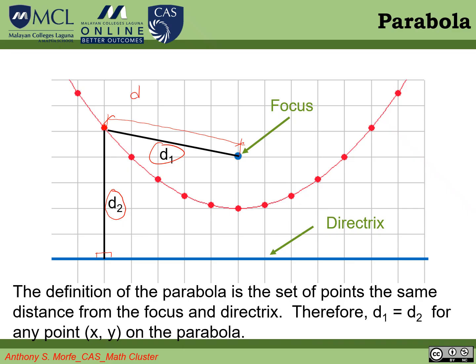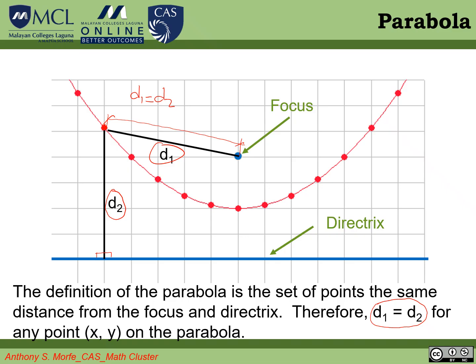Again, as mentioned earlier, d1 is equal to d2. So the definition of the parabola is the set of points the same distance from the focus and directrix. So therefore, d1 is equal to d2 for any point with coordinates x, y on the parabola.